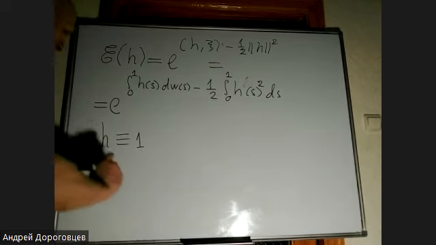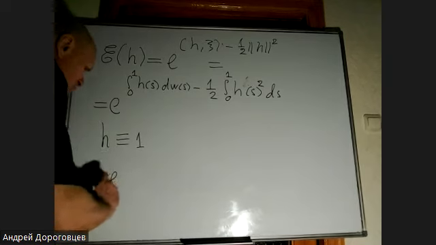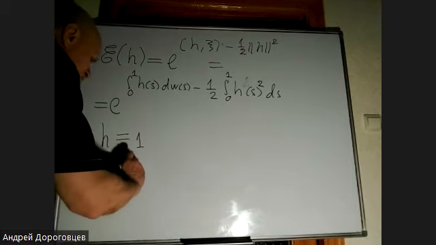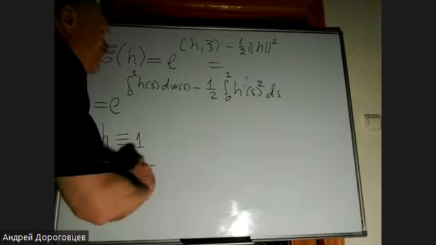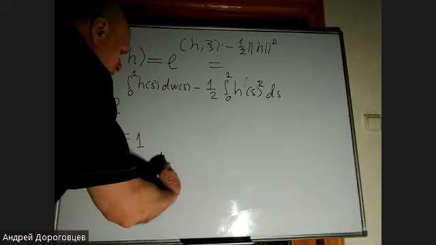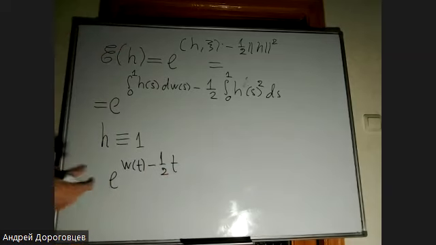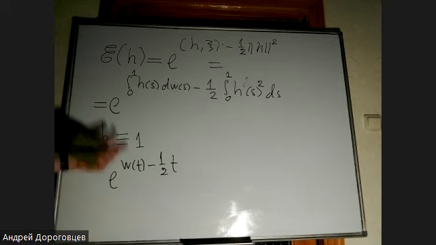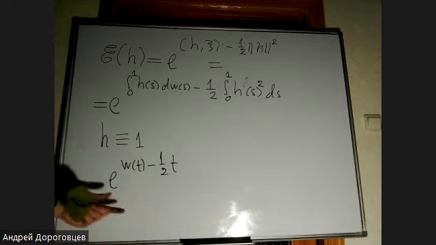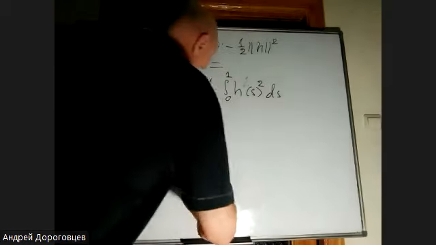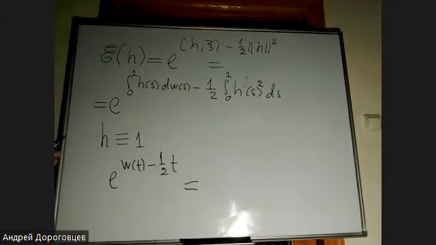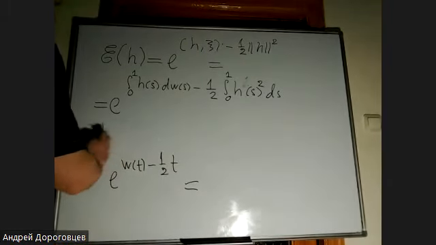Namely, I will consider the following random process: W_t minus 1/2 of t. This is the simplest stochastic exponent. And now let us apply the Ito formula to this expression.